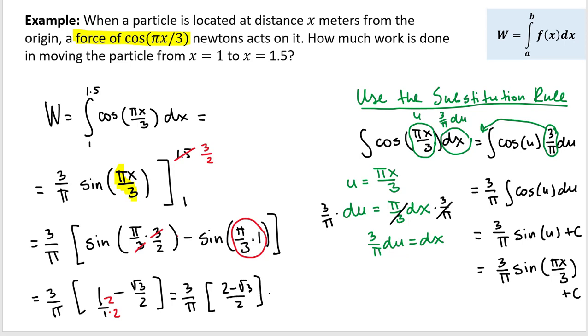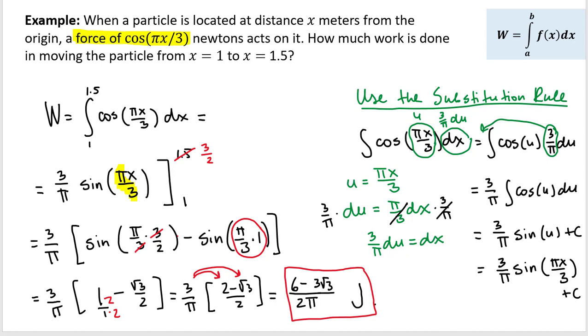And finally, as I multiply both fractions, in the denominator I'll have 2 pi, and in the numerator I must remember to distribute 3. So I'll have 6 minus 3 square root of 3. And this is the exact answer. This is 6 minus 3 square root of 3 over 2 pi joules. If I put that in the calculator, I will be able to obtain a decimal approximation of this.